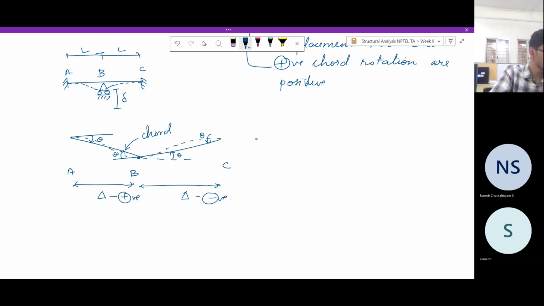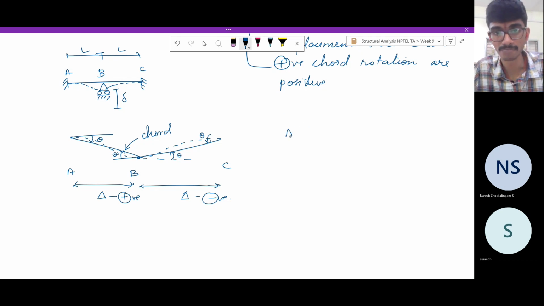Now, what are the slope deflection equations? Slope deflection equations are written for one span, just like Clapeyron's theorem of three moments. Unlike the method of consistent deformations, here we always consider one span at a time. So let me write it down.